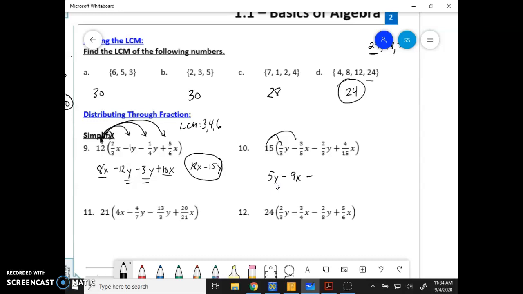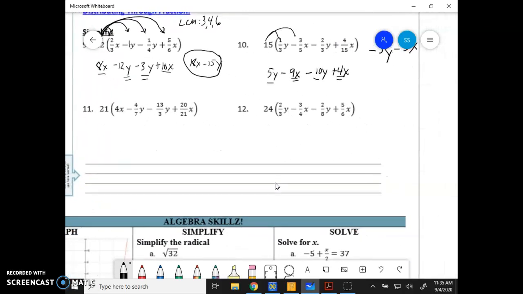So I'm going to just drop it down first. 15 times 2, that's 30, divided by 3, that's 10. And 15 times 4 divided by 15 is going to be 4. Okay, and just combine those so we get negative 5y and negative 5x. All right, final answer. Okay, just do a couple more of these.